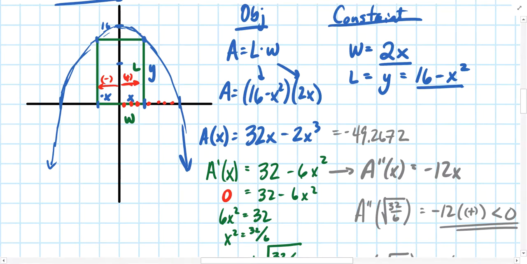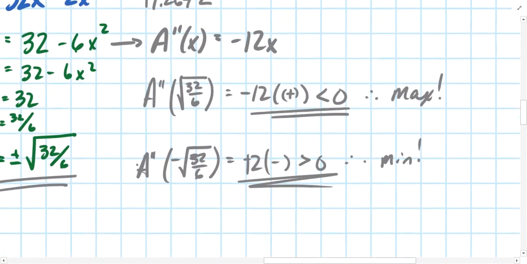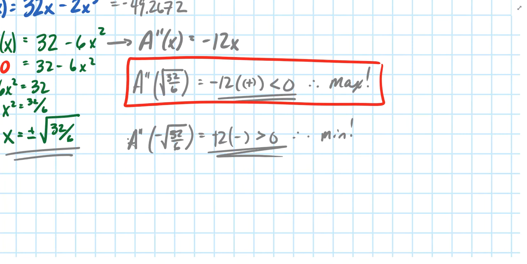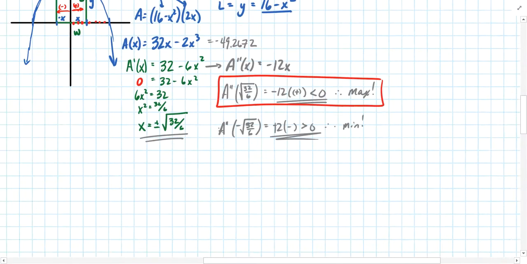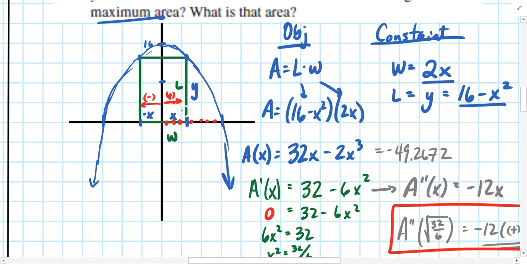But evidently, the maximum and the minimum points of this particular cubic function are identified at radical 32 over 6 and negative radical 32 over 6. It just turns out that the maximum area is calculated at this position. When we physically describe the resulting rectangle, however, it will also strike the x value at that negative radical 32 over 6.